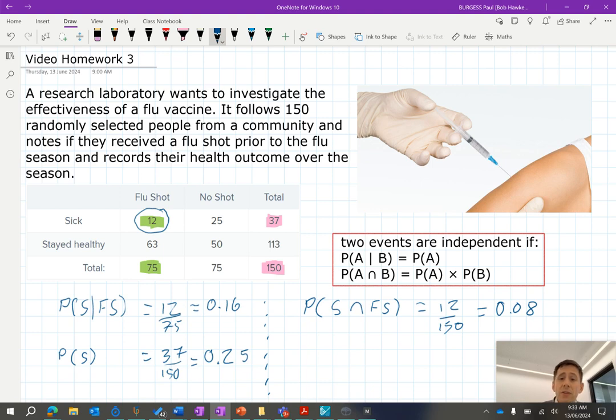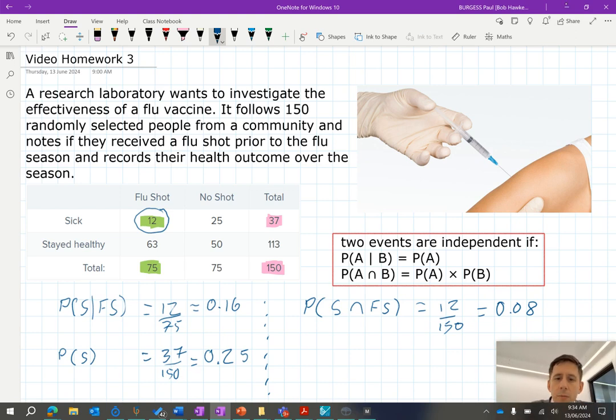Now, if I do the probability of getting sick, which is 37 out of 150, and I multiply it by the probability of getting a flu shot, which is 75 over 150, I can compare the two and see if they're the same, can't I? If they're the same, then we have independence, which means the flu shot doesn't do anything.